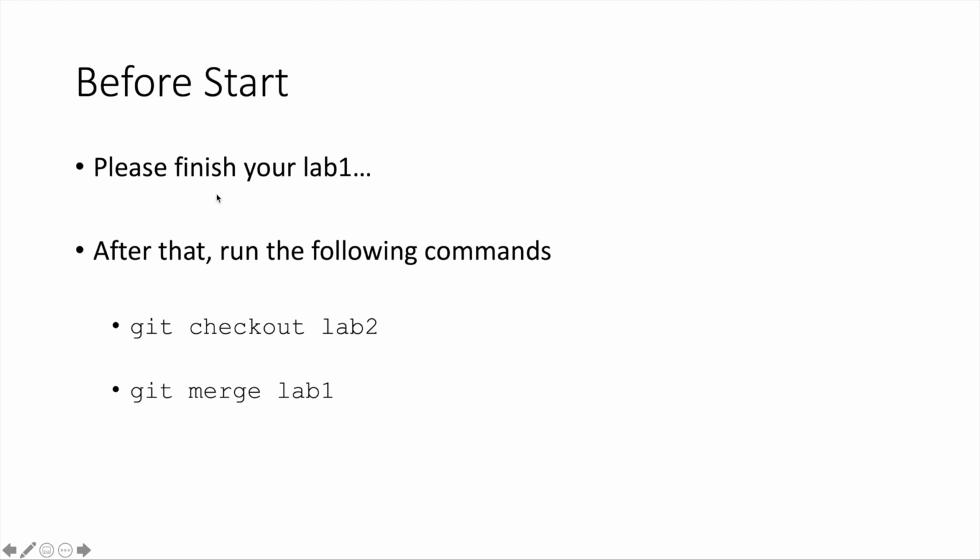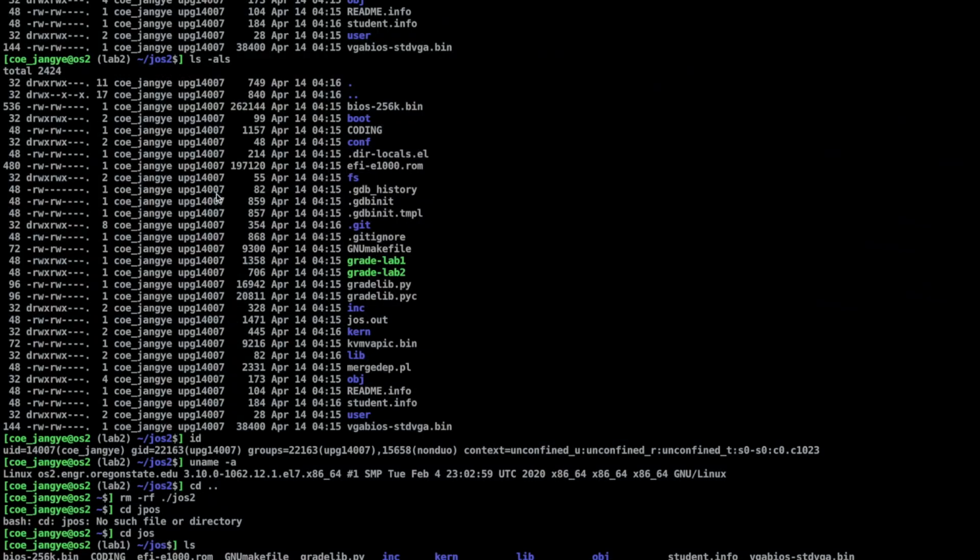Before starting, please finish your Lab 1, and to start Lab 2, run the following commands: git checkout lab2 and git merge lab1. Let's take a look at how we can run the commands.